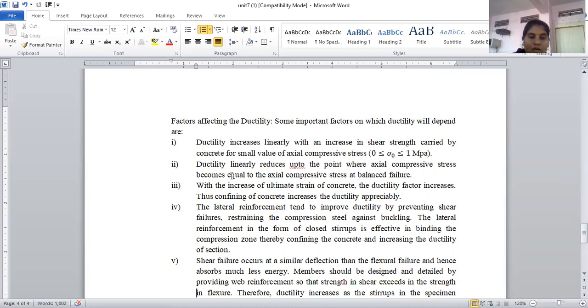Second, ductility linearly reduces up to the point where axial compressive stress becomes equal to the axial compressive stress at balanced failure.